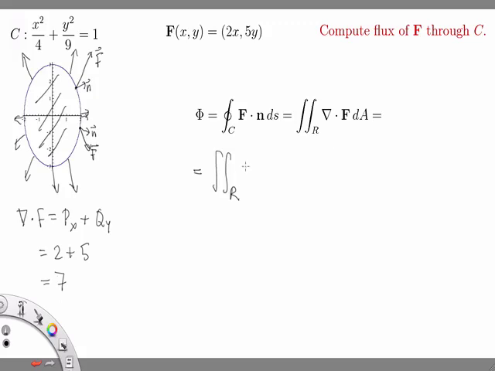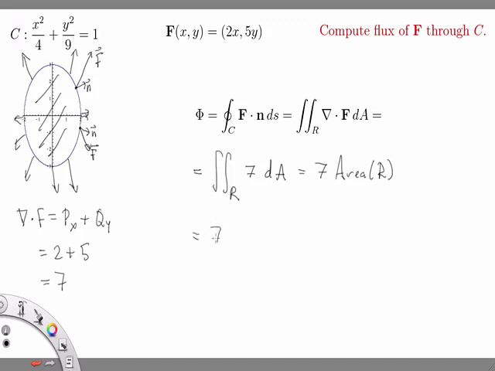And so we just get a very simple integral here, the integral of 7 dA. Well, we could set up the bounds here, but really, we can just refer to some geometry because this is 7 times the area of R, because it's 7 times the integral of 1 dA. Now, what's the area of an ellipse where the lengths of the axes are 2 and 3?